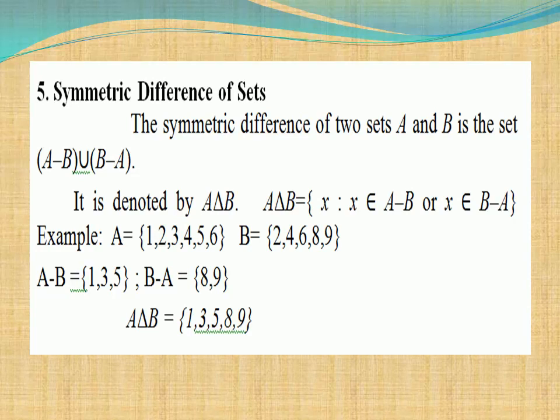So 1, 3, 5 is A minus B. And B minus A means the remaining elements from B. Already we cancelled 2, 4, 6, so the remaining elements are 8, 9. Now the set difference, A set difference B, is equal to the union of A minus B and B minus A. So your answer is 1, 3, 5, 8, 9. These are the elements of the set difference of A and B.